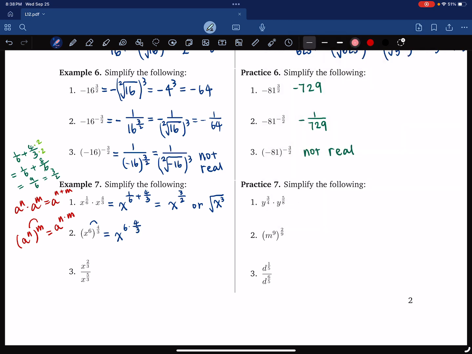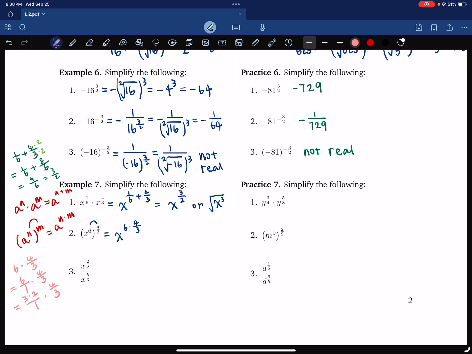And let's do this calculation somewhere else, right? So 6 times 4 over 3 equals, I can convert 6 to 6 over 1 times 4 over 3. And I can factor 6 into 3 times 2. And then multiply by 4 over 3.